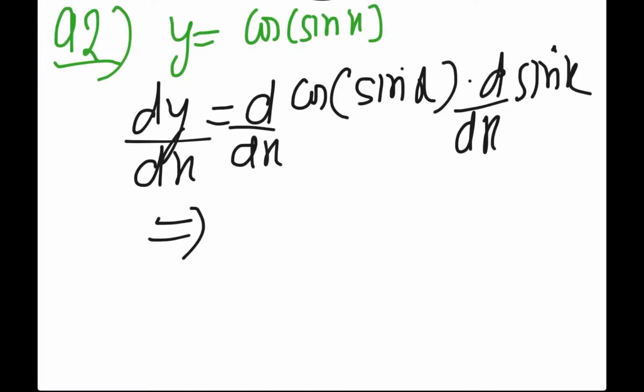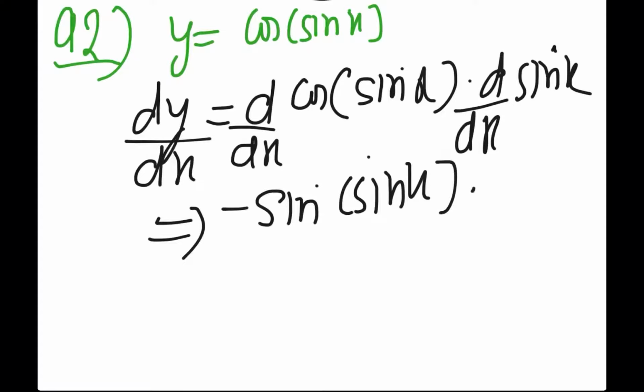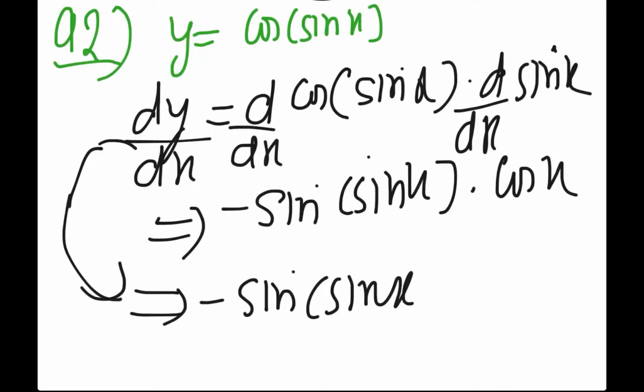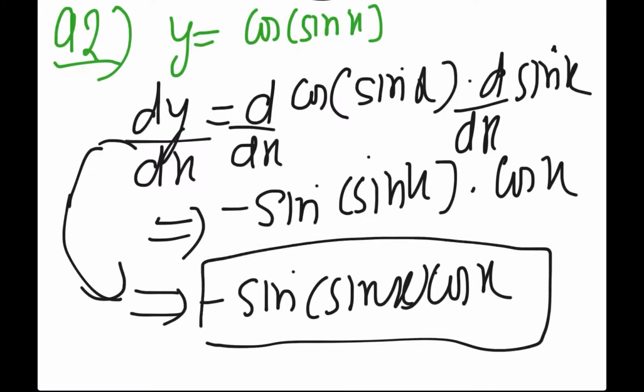So this will become minus sine x, because I am only differentiating the outer part here, into the differential of sine x. Sine x differential is cos x. This dot stands for product. So the final dy by dx turns out to be minus sine x cos x. This is my final answer. Please make a note so that I can move to the next question.